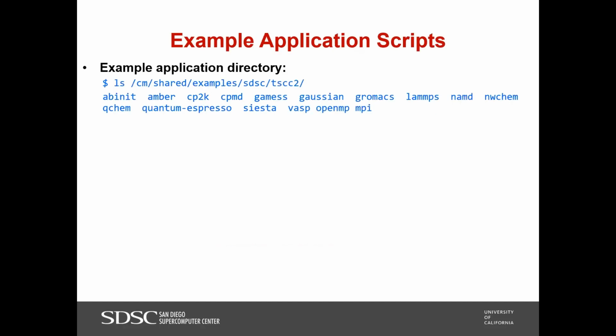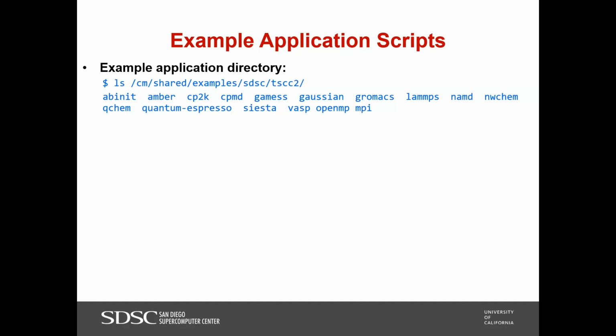And here are some other example application scripts available on the same shared examples on the TSCC. And as you can see, we have prepared many example files for you to run.